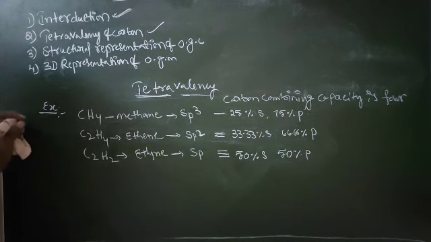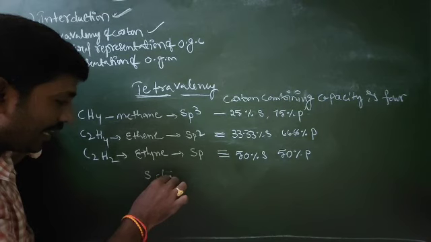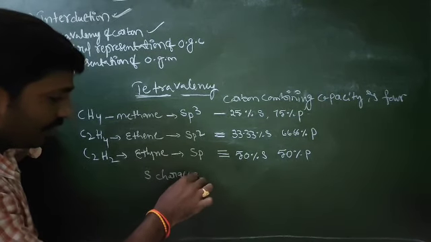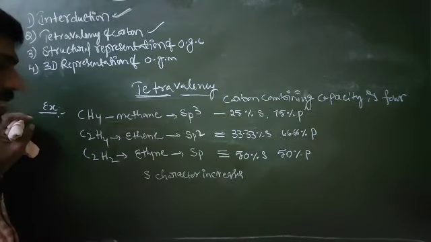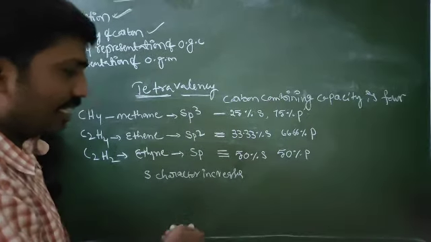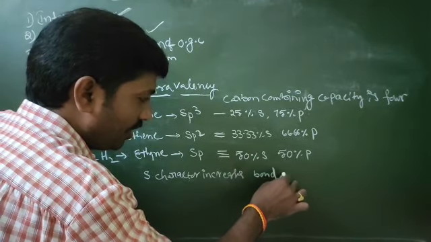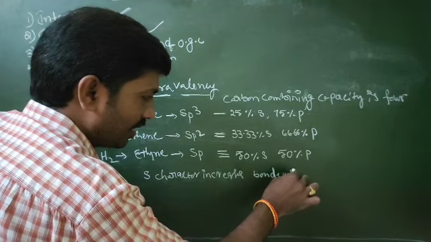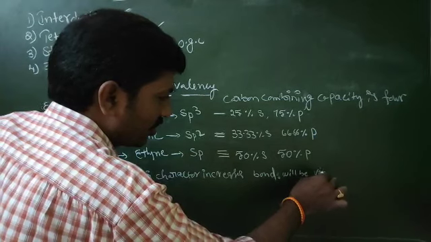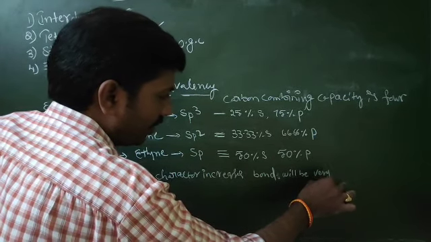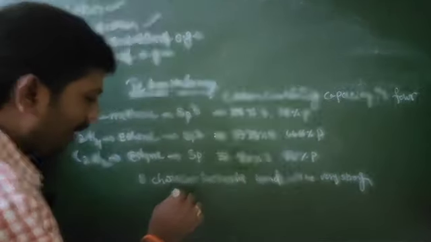Why am I telling this 50 and 50? As s character increases, what happens? The bond will be very strong, and short also.